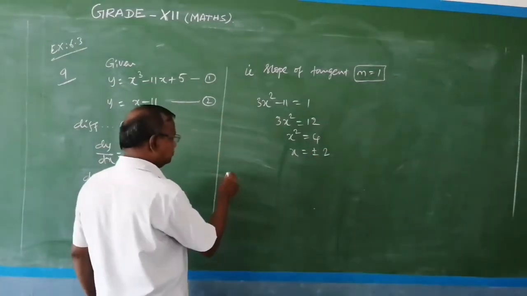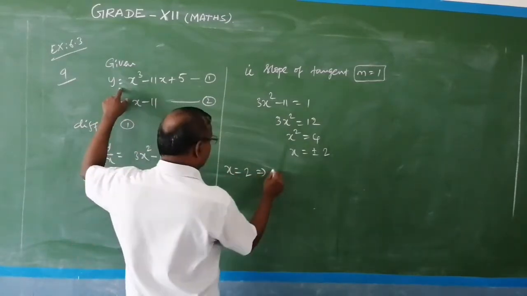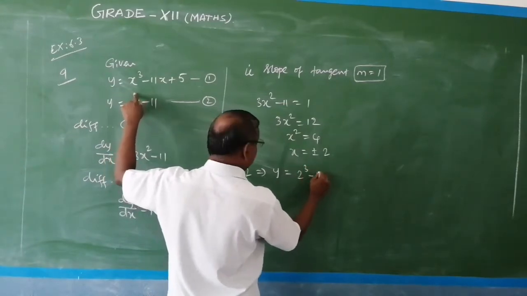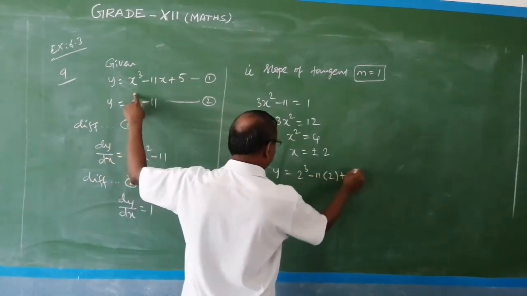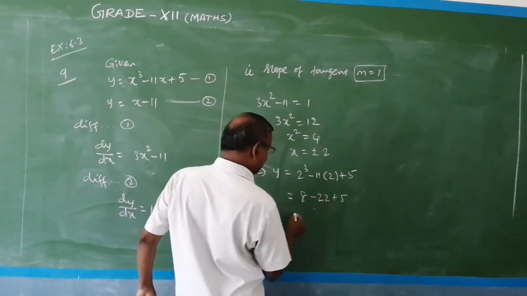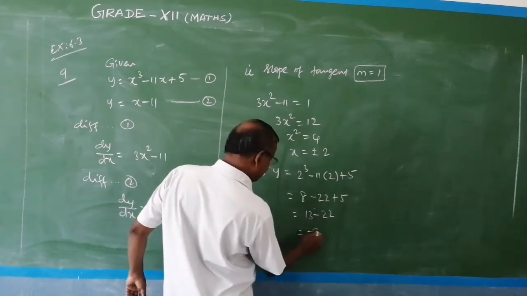Now when x equal to 2, we have y equal to 2 cube minus 11 into 2 plus 5, that is 8 minus 22 plus 5 equal to 13 minus 22 equal to minus 9.